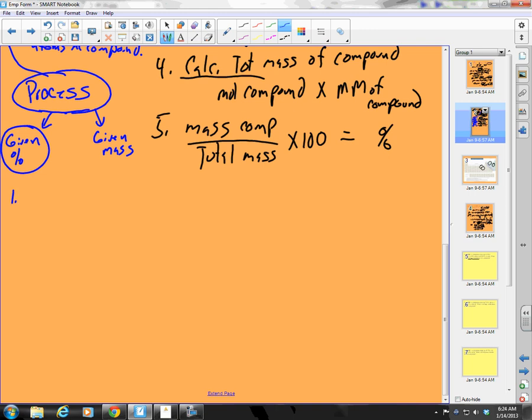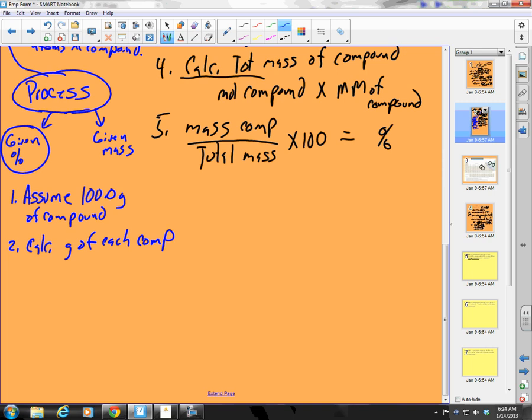Here we go. Number one, we want to assume you have 100 grams of compound. Last time we assumed 1 mole when we were doing percentage comp. In this case, we're going to assume 100 grams. Okay. Once I do that, I'm going to calculate grams of each component.